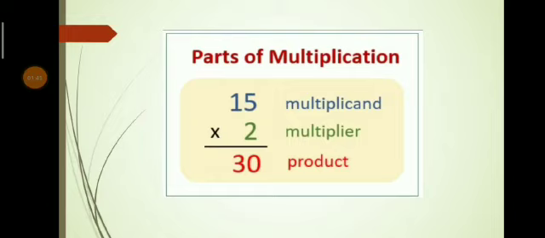A number by which the multiplicand is to be multiplied is known as multiplier. Here, the number 2 is the multiplier. The result of multiplication is said as product. Here, the number 30 is the product.